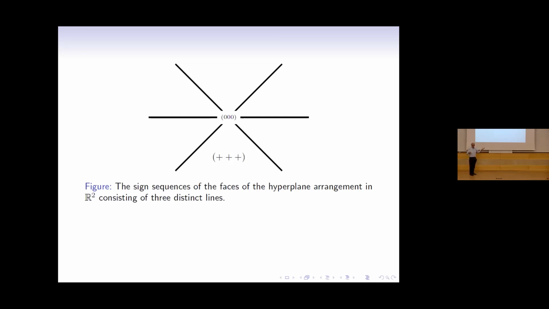This is what we do, in fact, when we learn early about the planar axes. The first quadrant is plus plus, the second quadrant is minus plus, and it's actually a generalization. Now I'm going to walk around. I walk to this line, and the 0 in the first position now says I am on the first line, but still on the positive side of the other 2 lines.